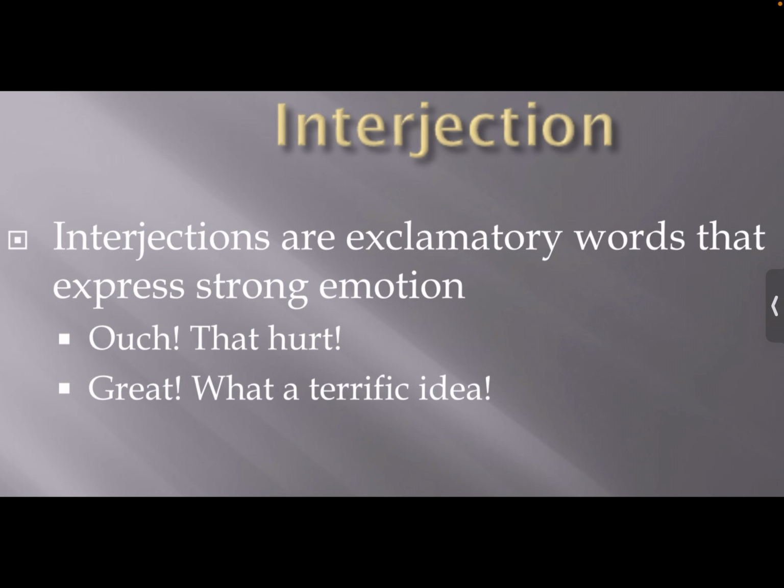For example, you cut your finger and you say ouch, so this is a sudden expression. Or a surprise, like for the example that I have given you, great, what a terrific idea. This is also an interjection.